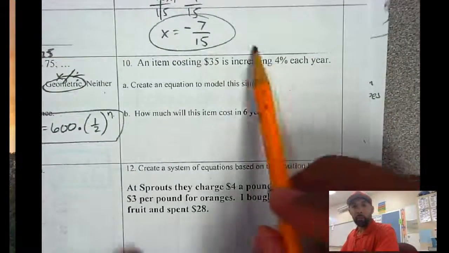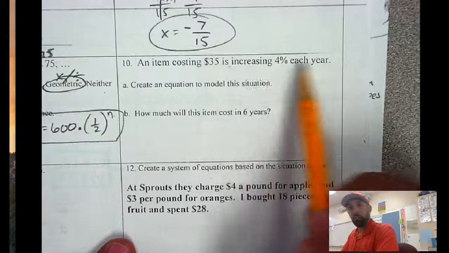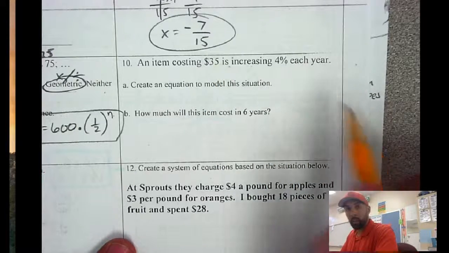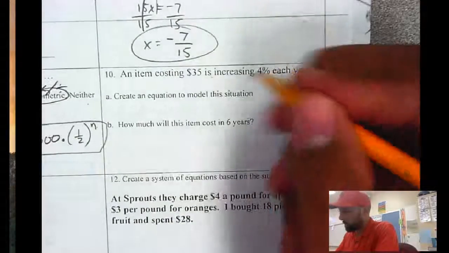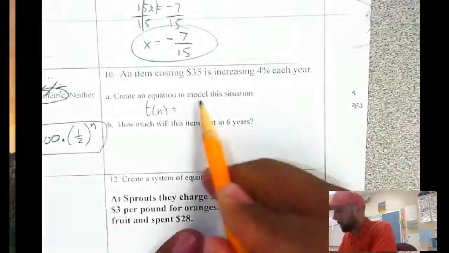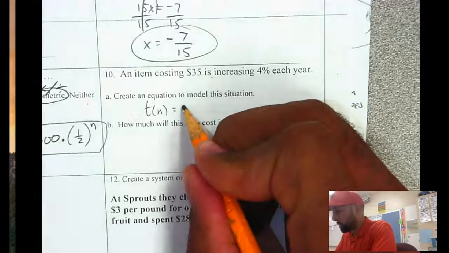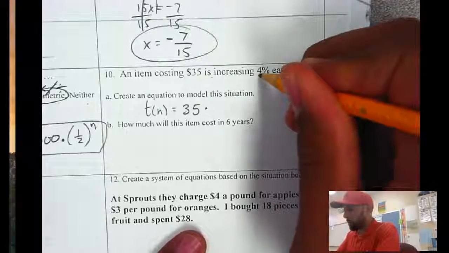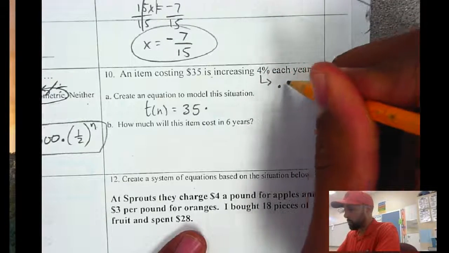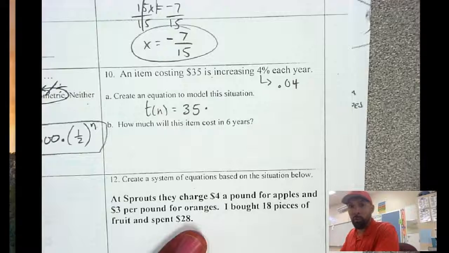Okay, so now an item costing $35 is increasing 4% each year. Create an equation to model the situation. So this is pretty similar. So we're still going to use that same model of this equation. So we're going to say t sub n starts at $35, and now remember that we want to convert this to a decimal, so 0.04.